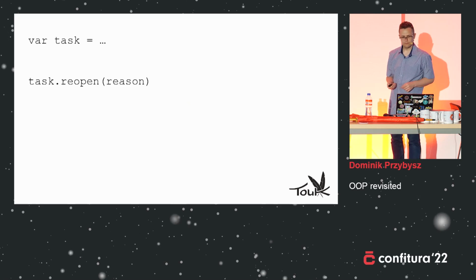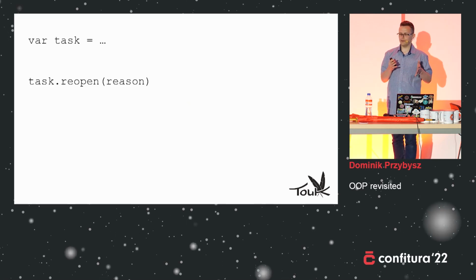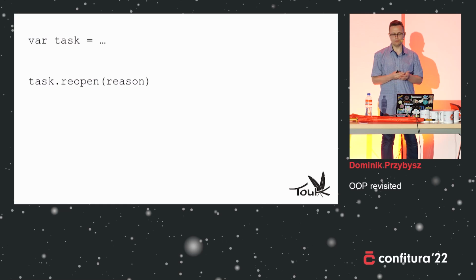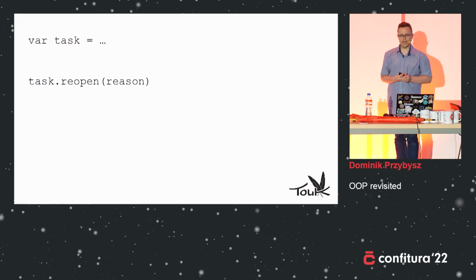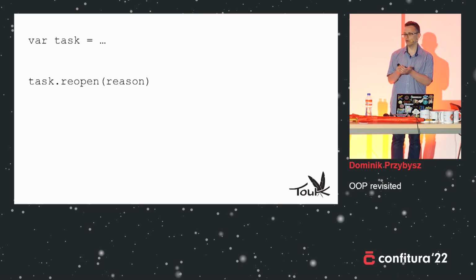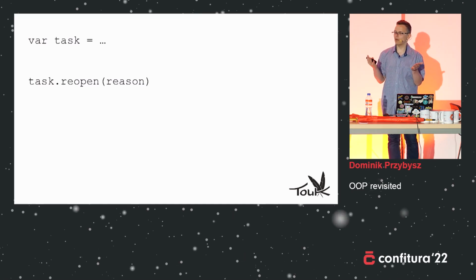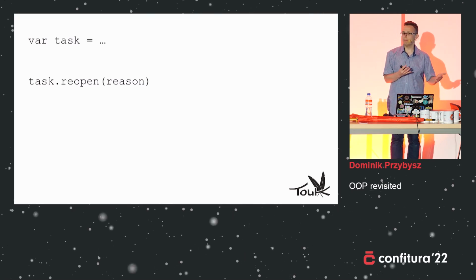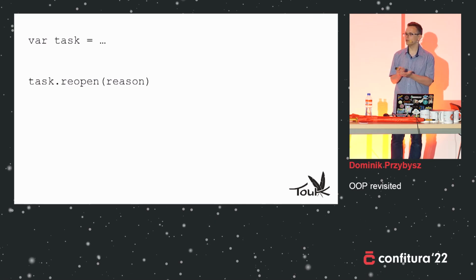Here, of course, if the duty of your class is to perform that action, then you can respond with true or false. Of course, this is one way of expressing that. But you can also throw the exception.